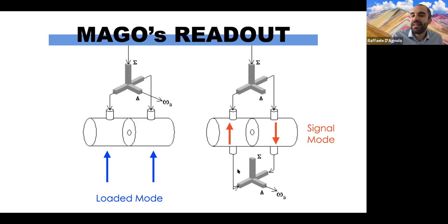Then you read out the cavity at the same frequency, but now you sum these two by flipping one by 180 degrees. This epsilon is the suppression between the two amplitudes. So if you have some power in this configuration, the power out that you get is 10 to the minus 14 at the same frequency. This is what we care about for our noise, and this is what was achieved.